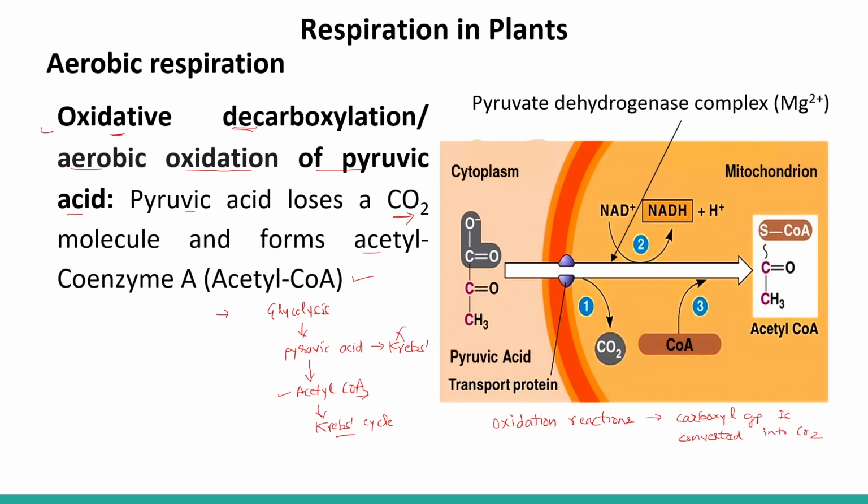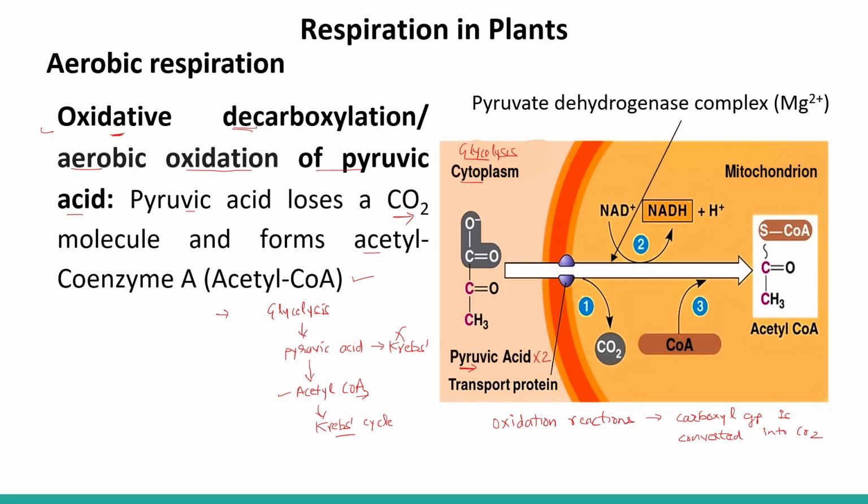So here you can see pyruvic acid, which was produced where? In the cytoplasm, because glycolysis takes place in the cytoplasm or cytosol. Here pyruvic acid is produced, again 2 molecules of pyruvic acid.